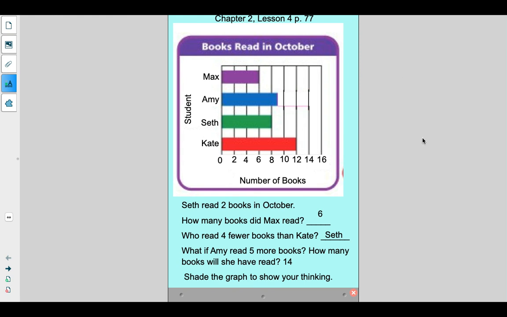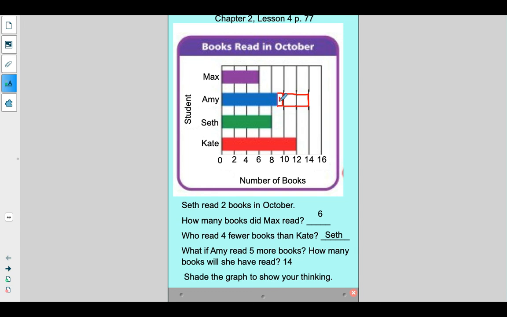All right, so how could we add 5 more books on there? So maybe I'm going to get a different color out. And maybe I'll just go, well, that would be 1 book right there. So then this would make plus 2 more books. And then this would be plus 2 more books.